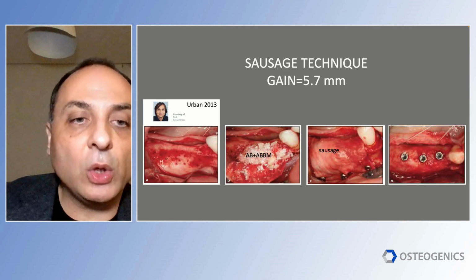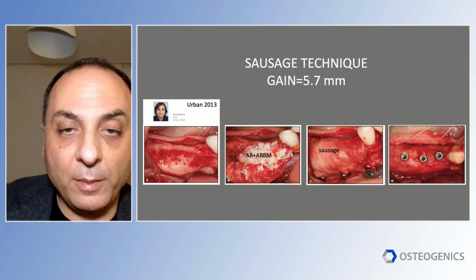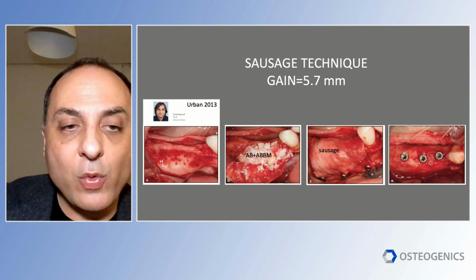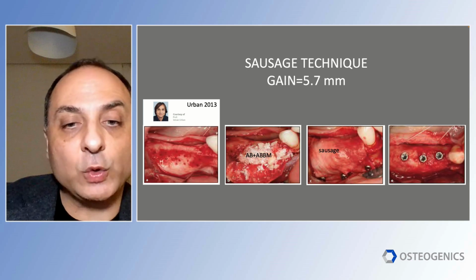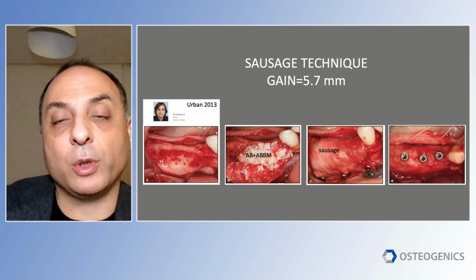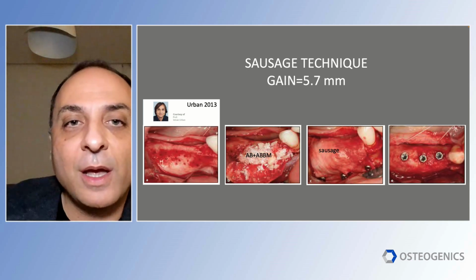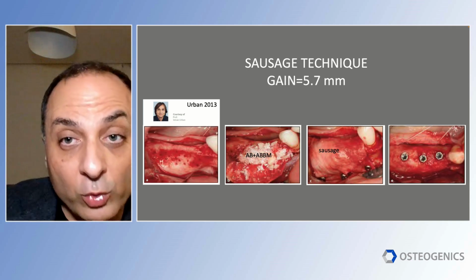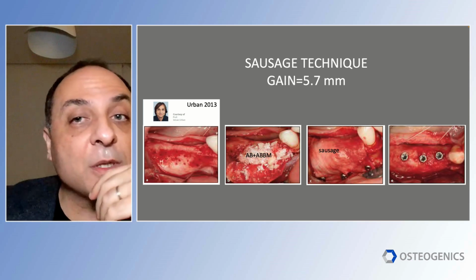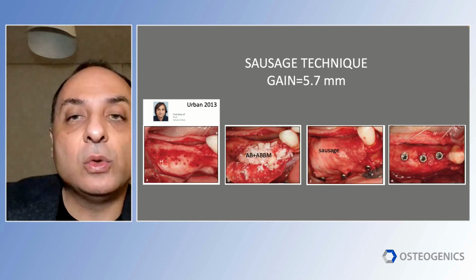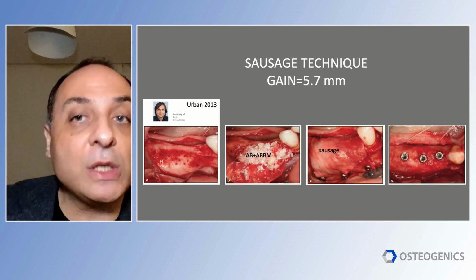So I bet you all know Istvan Urban is very famous all around the world. So when Istvan came about and he published this paper, he said, guys, look, I don't need your blocks. I don't need this piece of bone that you retrieve from the ramus or from the chin to put something rigid underneath this collagen membrane.